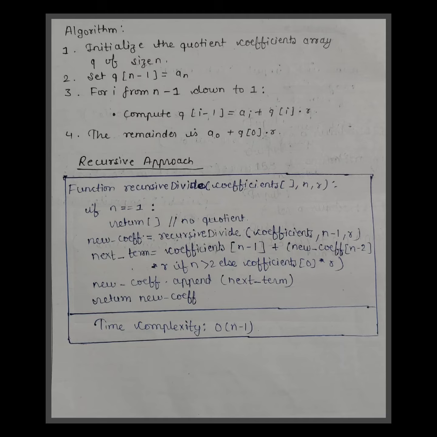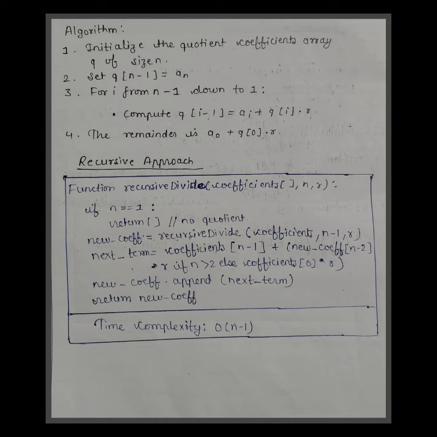Now the program: function recursive divide(coefficients, n, r). If n equals 1, return no quotient. New coefficient equals recursive divide(coefficients, n minus 1, r).